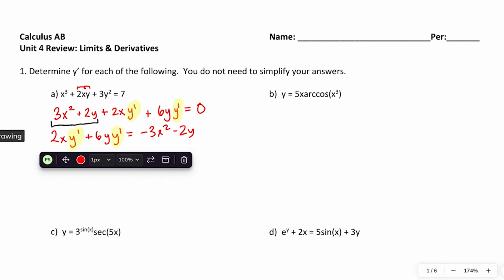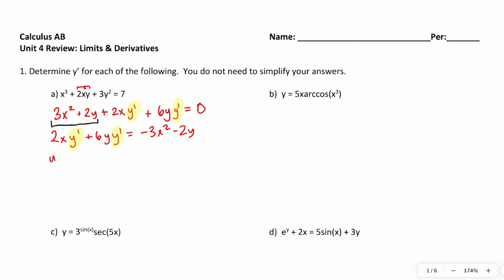So I'm going to factor that out like a GCF, using the distributive property in reverse, leaving me with 2x plus 6y in parentheses. And then to get that y prime isolated, I need to divide both sides by that expression in the parentheses. So I get negative 3x squared minus 2y over 2x plus 6y.